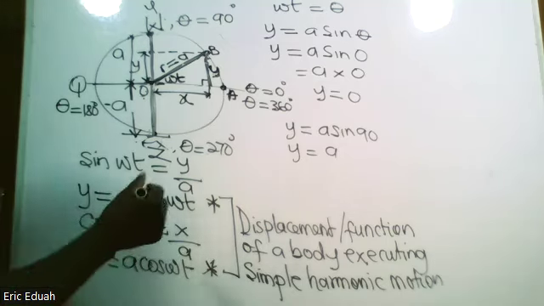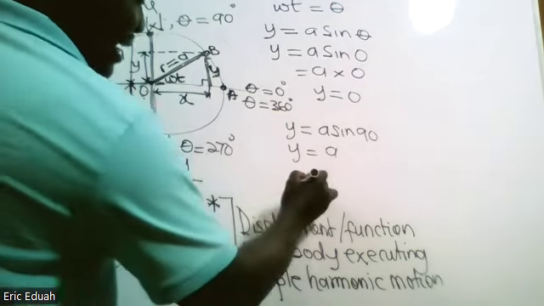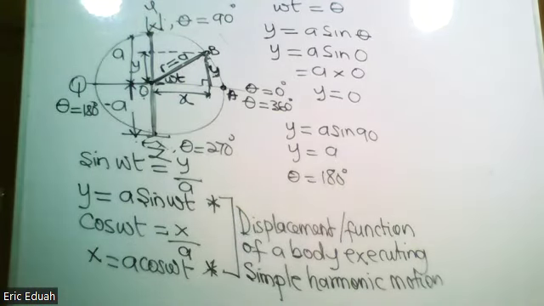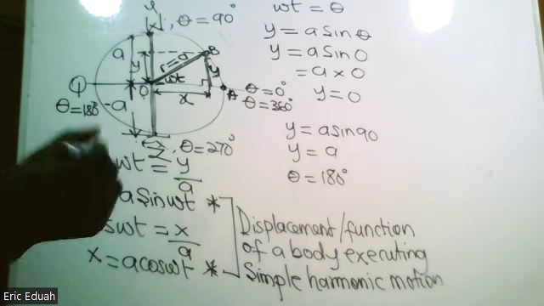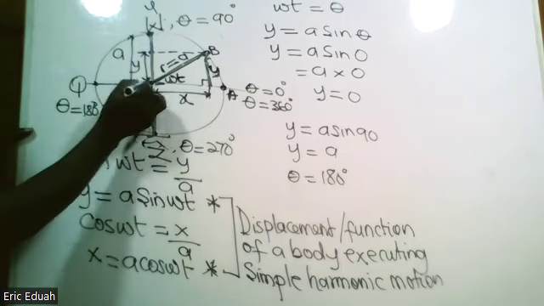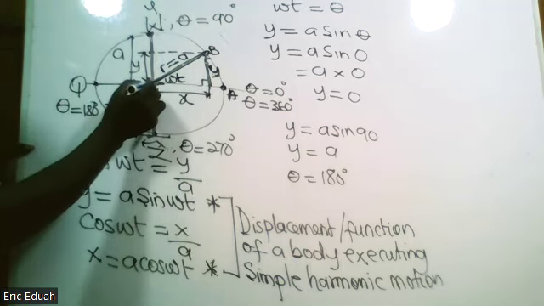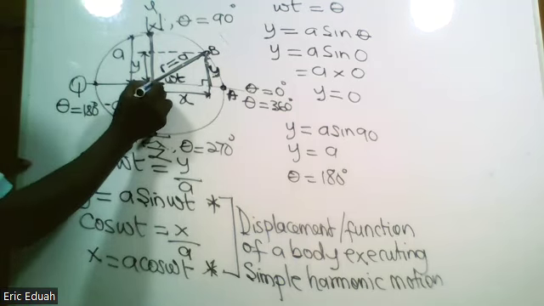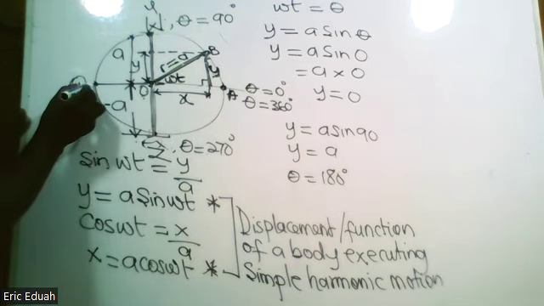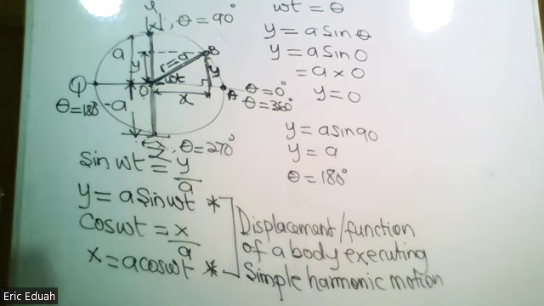When the body is at Q, where theta is 180 degrees, what's the displacement along the vertical? 0. So when the body comes to this point, there's no displacement of the body compared to the center O. Now, when the body moves from Q to Z, what is the displacement?